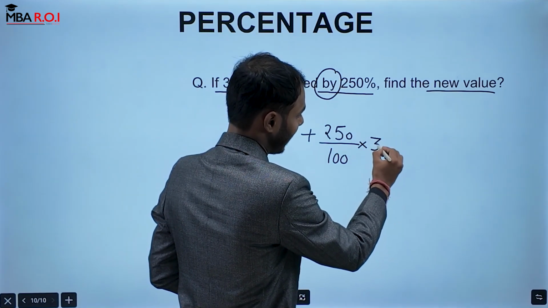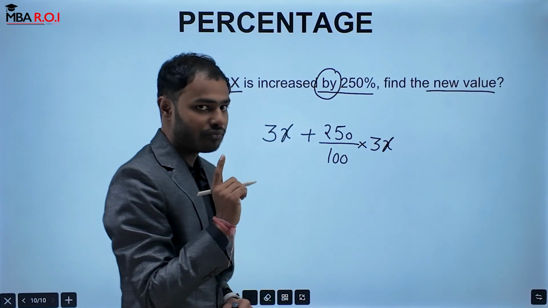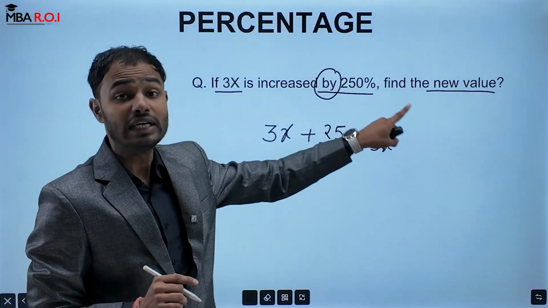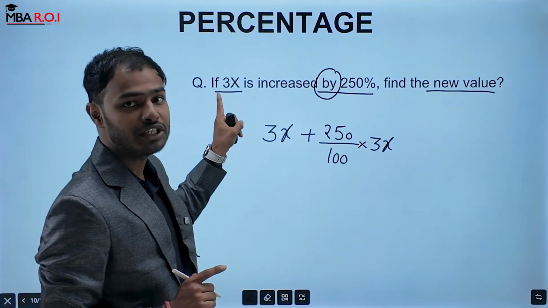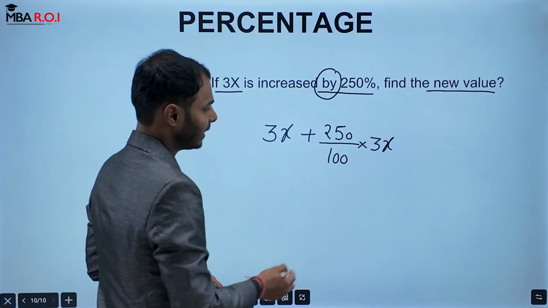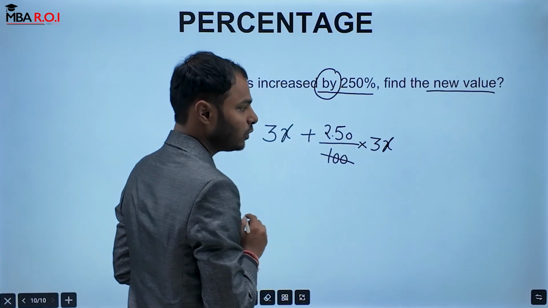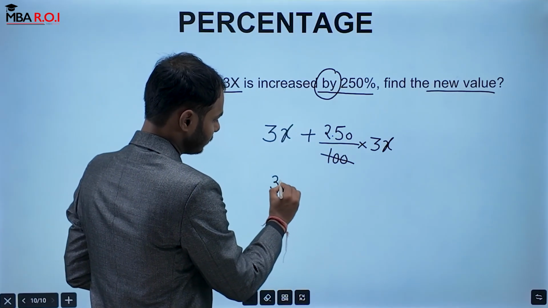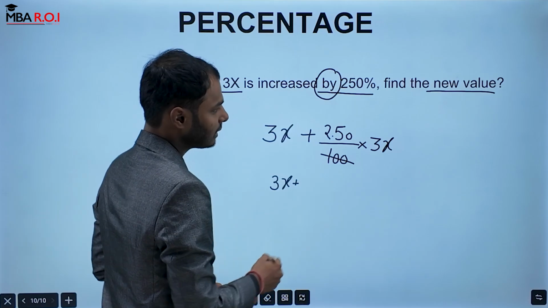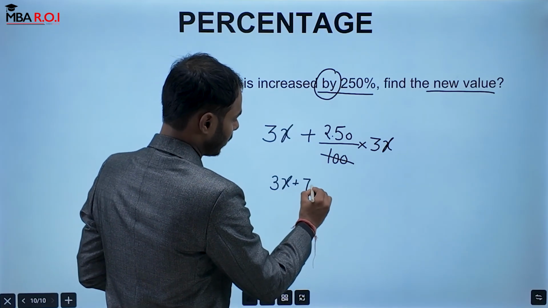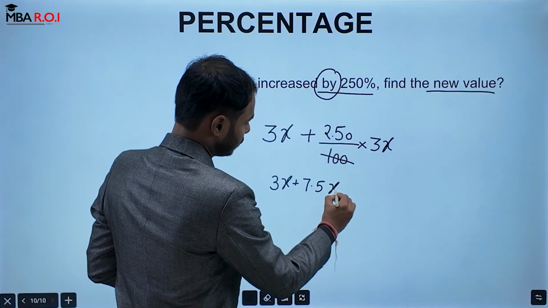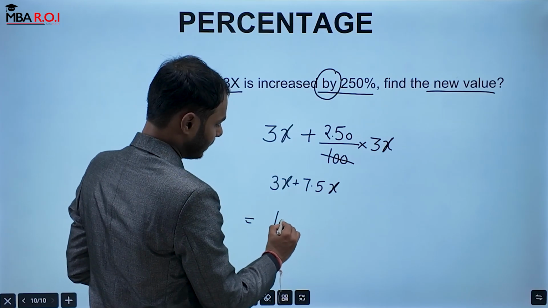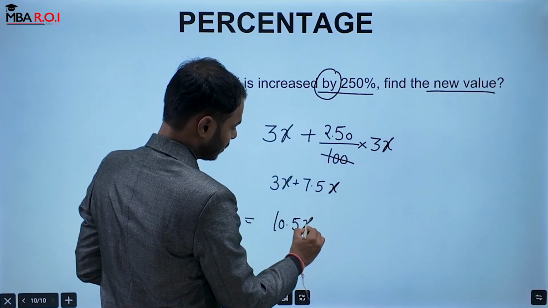Some of you might have done x over here, but again we have to find the percentage of the initial value, and the initial value is 3x. Now we can simplify this. So this will become 2.5 times 3x, which is 7.5x. So this is 3x plus 7.5x. If you add them, the answer will be 10.5x.